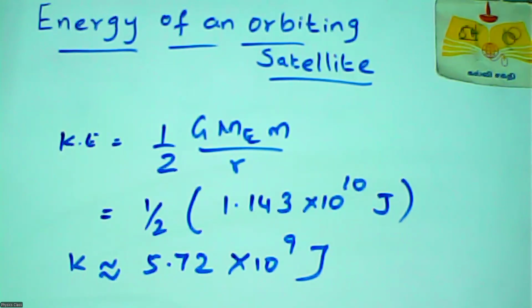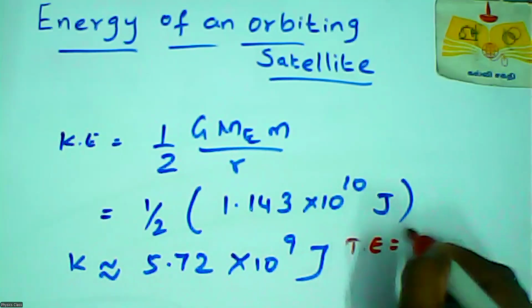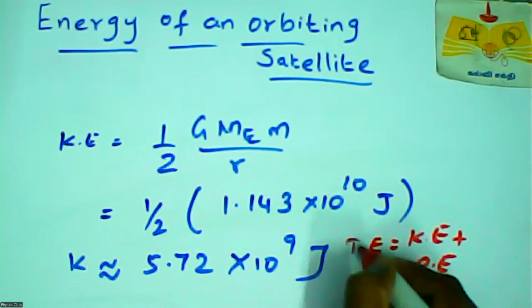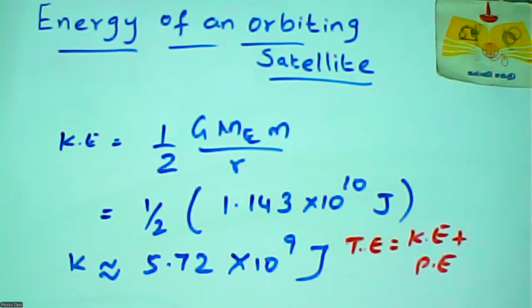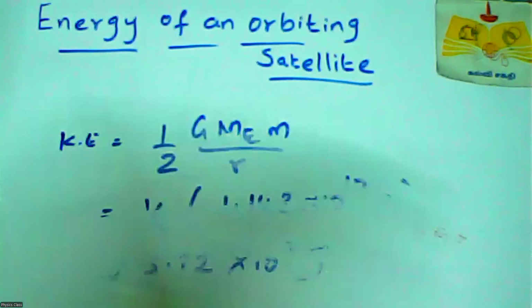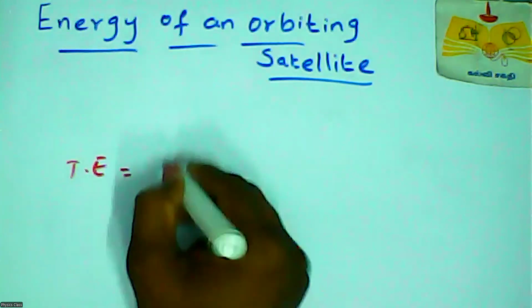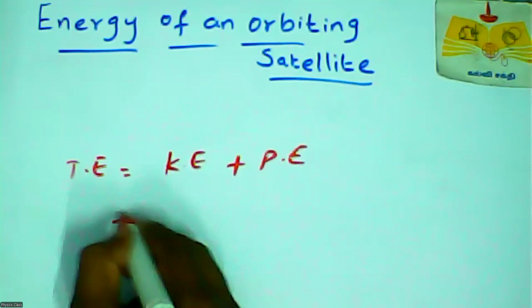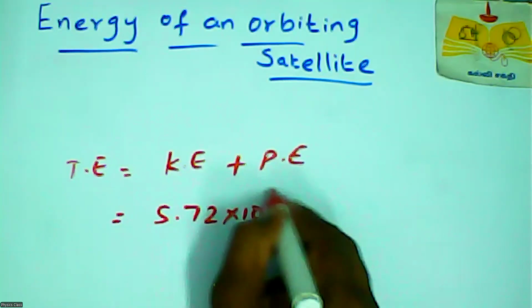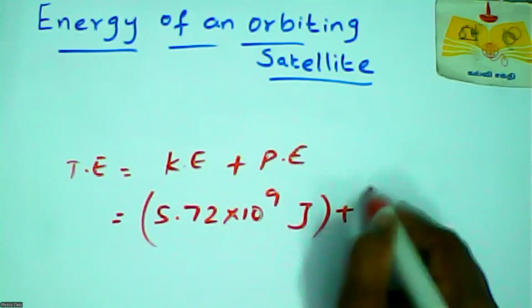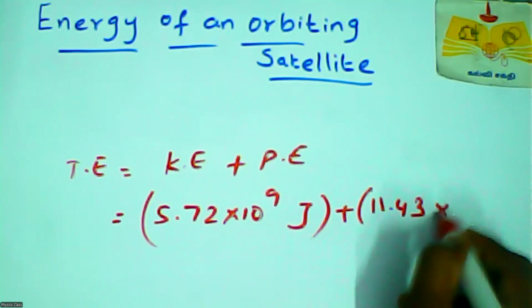And finally, the total energy. Total energy means the sum of the kinetic energy plus the potential energy. I will give the value of the total energy, and you can do the calculation later, because already we have the kinetic energy value and the potential energy value. So for total energy, kinetic energy plus potential energy: 5.72 into 10 power 9 joule, and potential energy minus 11.43 into 10 power 9 joule.